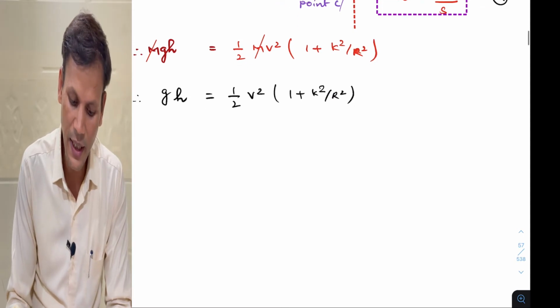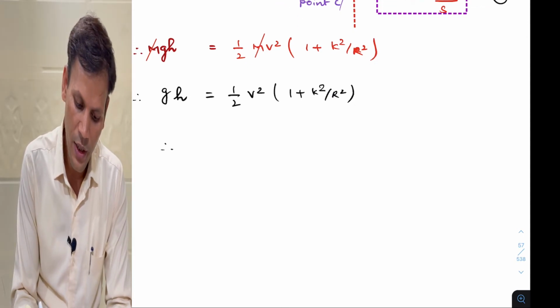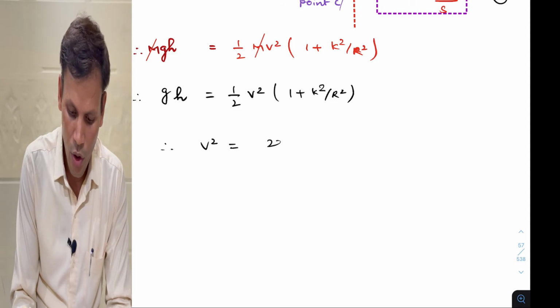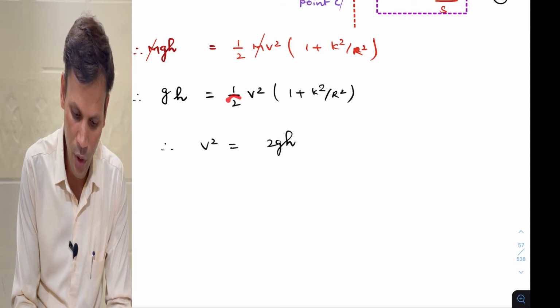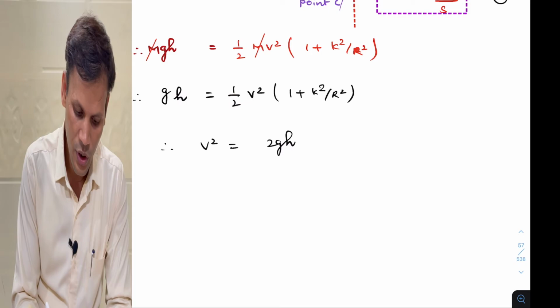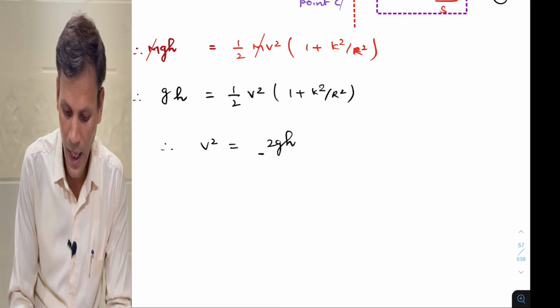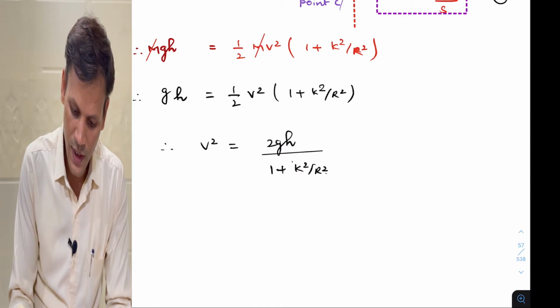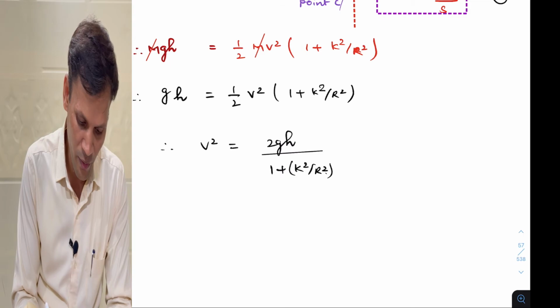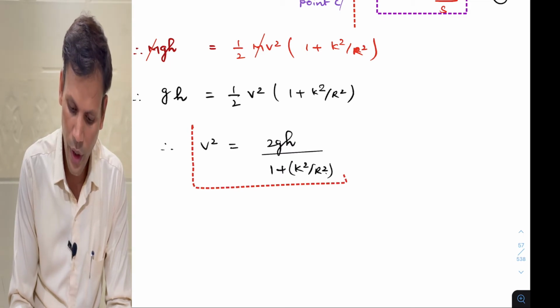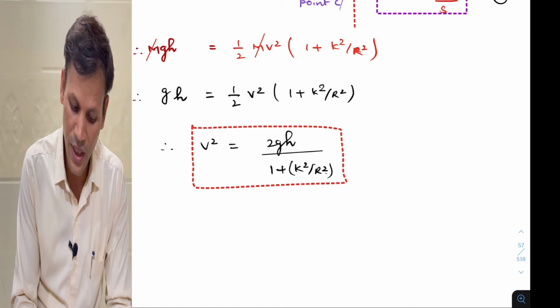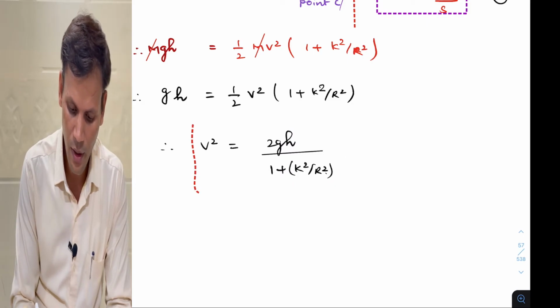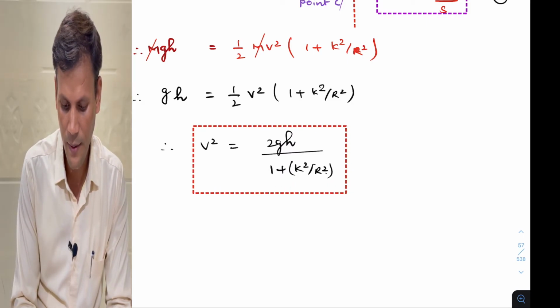And as I said, we have to find out v. So v square will be 2gh, the 2 goes over to the gh side. So it will be 2gh by 1 plus k square by r square. So this is the formula for velocity. We will find out v square from here. This will be v square in this case.